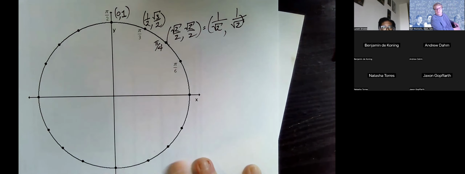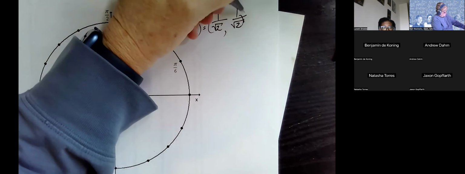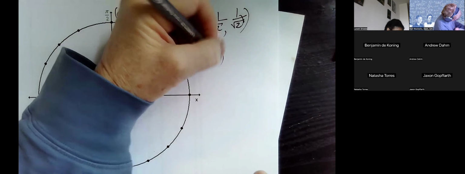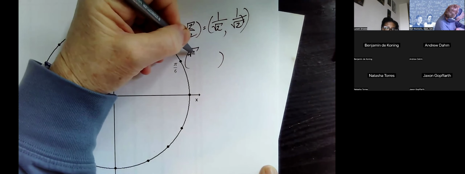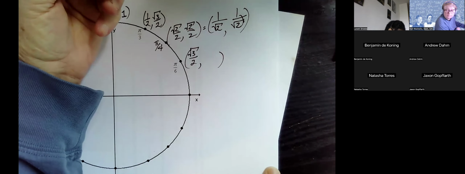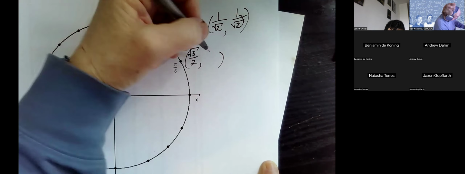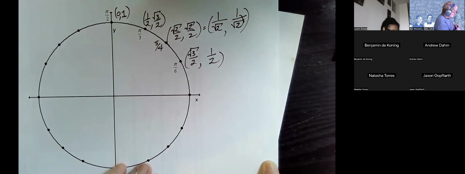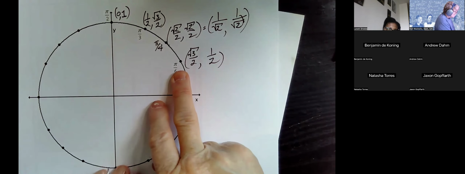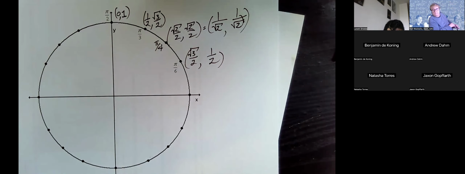Nice. All right, what shall we do next? Pi over 6 is the opposite of pi over 3, so it will be square root 3 over 2 for x and 1/2 for y. Beautiful. Does square root of 3 over 2 always go with 1/2?